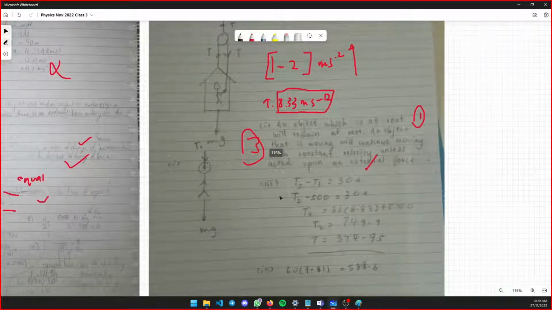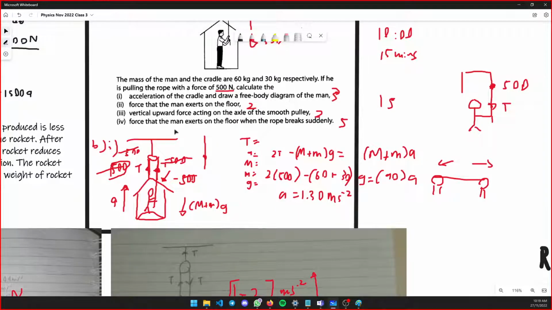Guessing, okay. So the force that the man exerts on the floor, there's no force. He's not exerting anything, because for you to exert something, something has to come up here also. Both of you are falling down at the same rate. The man is falling down, the floor is also falling down. So everything is just falling down, so the net is 0.